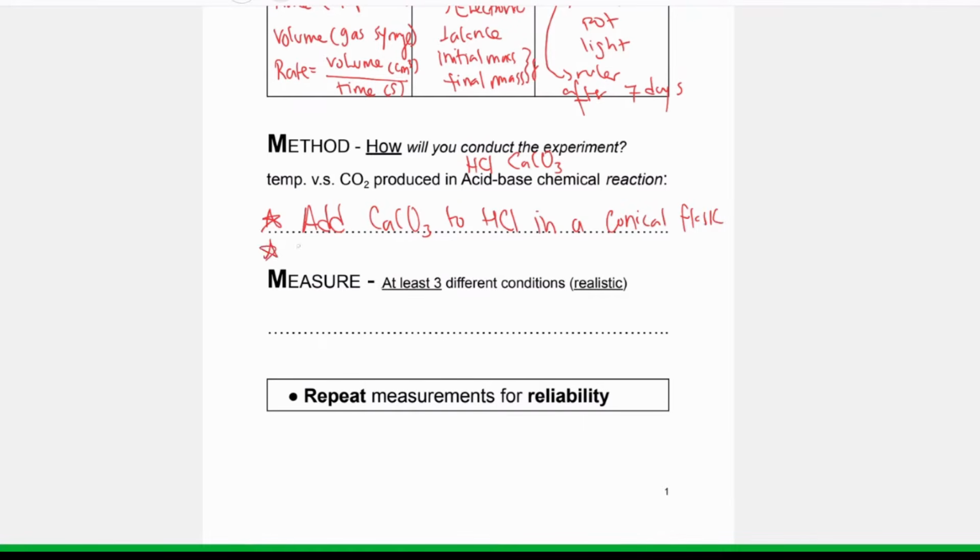Then we measure the volume of carbon dioxide produced after 5 minutes.